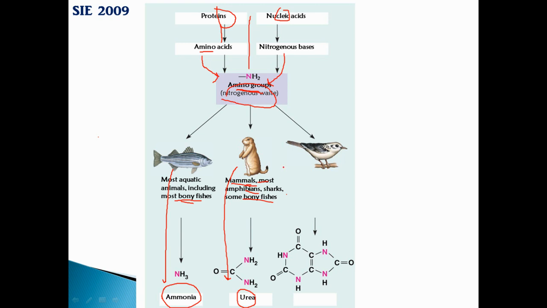Many reptiles, including birds, insects, and land snails, excrete the waste in the form of uric acid. We, as humans, excrete nitrogenous waste in the form of urea.